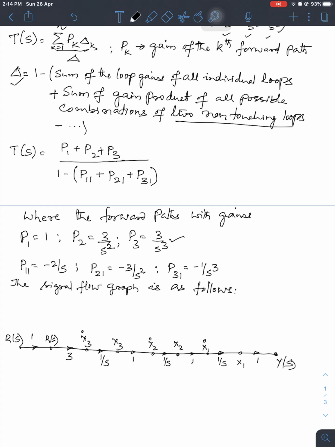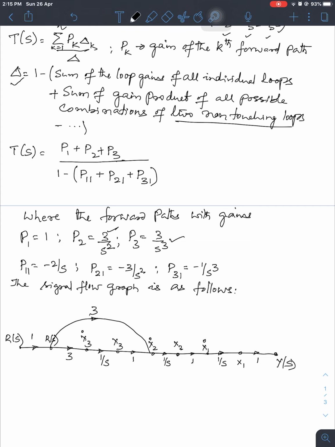So what we do is, from R of S we will try to go to this node and we will take the gain of this to be 3. So what we have is 3 by s square is being synthesized as R of S into 3 and it goes to x2 dot, then 1 by s, then 1, then 1 by s and unity. So we are able to get the second forward path synthesized.